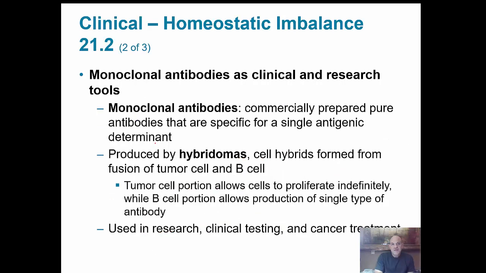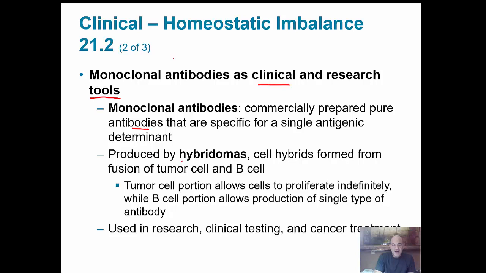And then here is another interesting technique or technology called monoclonal antibodies. These monoclonal antibodies are going to be used in clinical applications and in research. What these monoclonal antibodies are is commercially prepared pure antibodies that are specific for a single antigenic determinant.